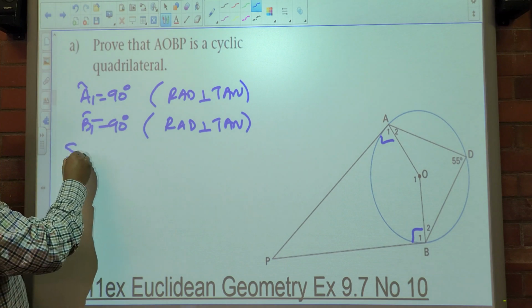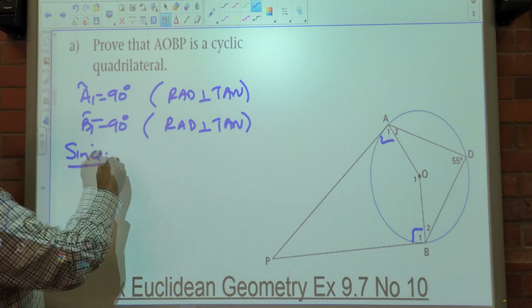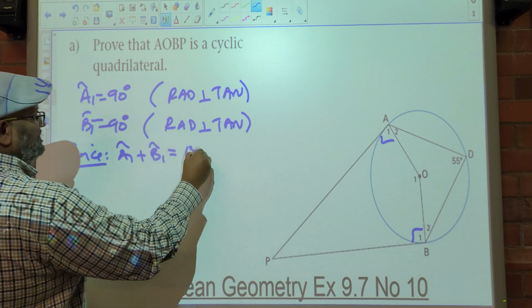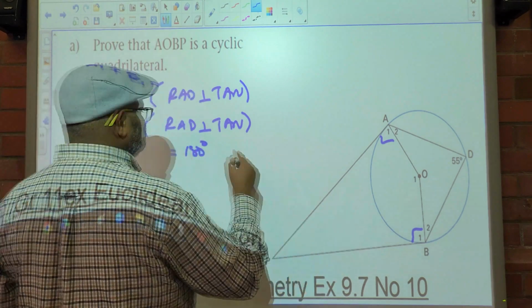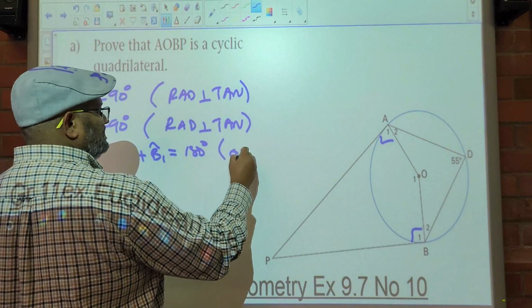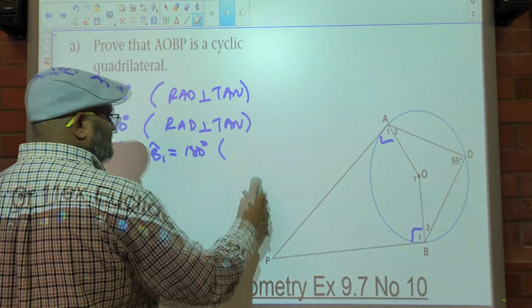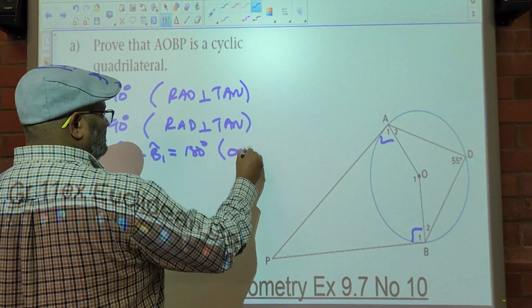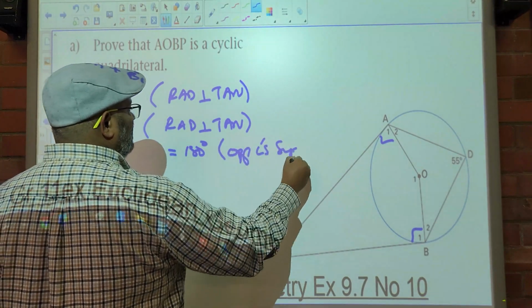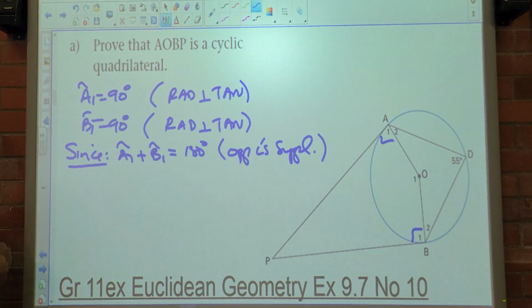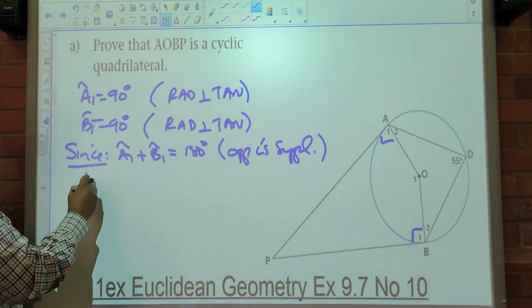So we state the obvious: A1 plus B1 is equal to 180. Why? Opposite angles supplementary. People, we can't say it's a cyclic quad, because we are proving it's a cyclic quad. Okay, opposite angles supplementary.